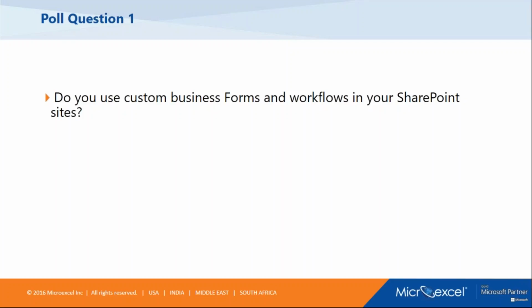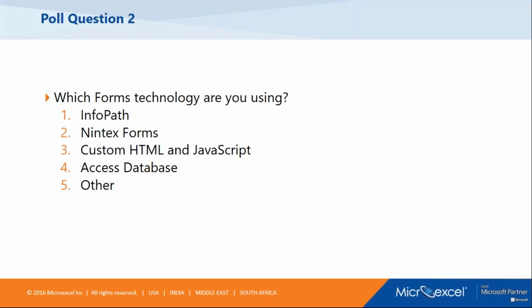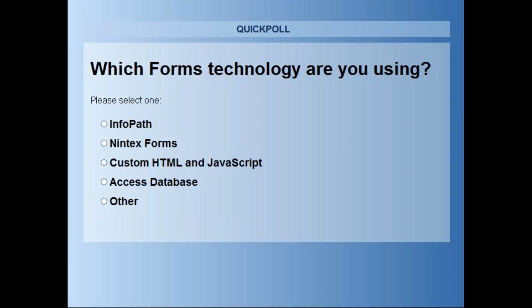So that allows me to show you another poll, which is: which forms technology are you using today for those custom forms? Is it InfoPath, Nintex Forms, custom HTML and JavaScript, Access database, or other? So you will see another question on your screen, and then please respond to this.